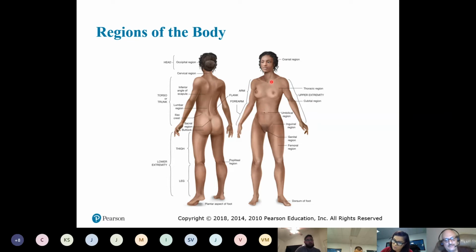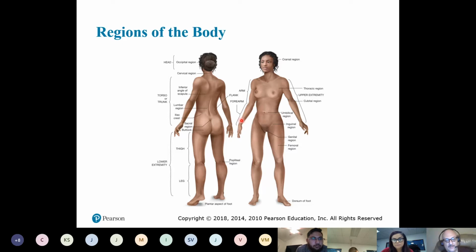You have the chest, you have the abdomen, you have the umbilical region right here because of the umbilicus, the belly button. You have the pelvic area right in here. You have the genital area right there. Got the buttocks, hip right in here.